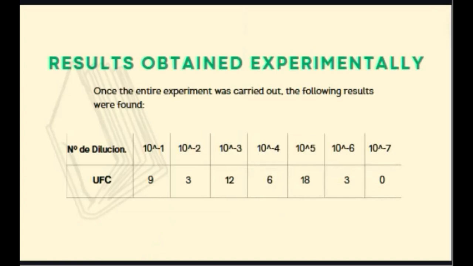And for the second dilution, we have three CFU. For the third, we have 12. For the fourth, for the fifth, we have 18. For the sixth, we have three CFU. And for the last, we have 0.